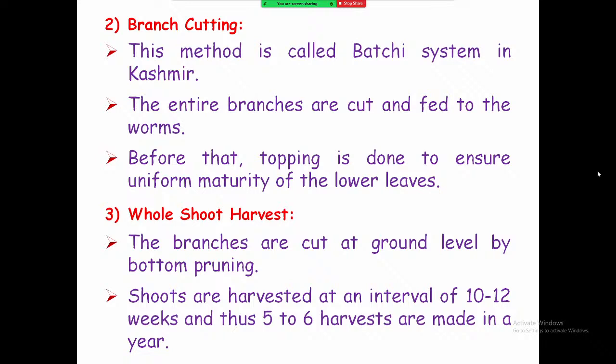So here are some advantages and disadvantages of the whole shoot harvest method. First we see the advantages.